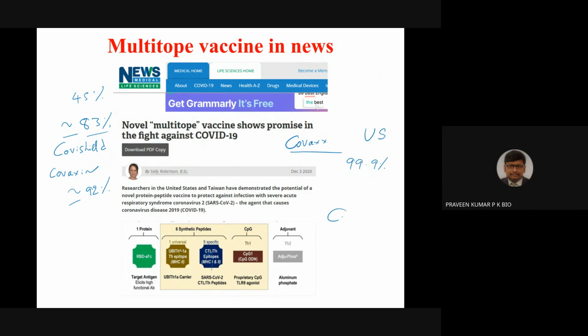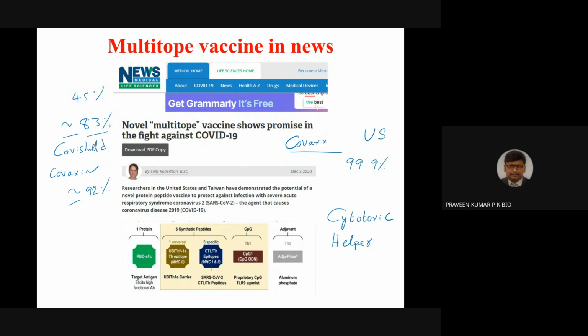CTL stands for cytotoxic T lymphocytes, and TH represents helper T cells. From these two subtypes of T cells, five specific epitopes are taken, linked with the TH epitope, that is the helper T cell epitope, and this is also linked with the CpG nucleotide.